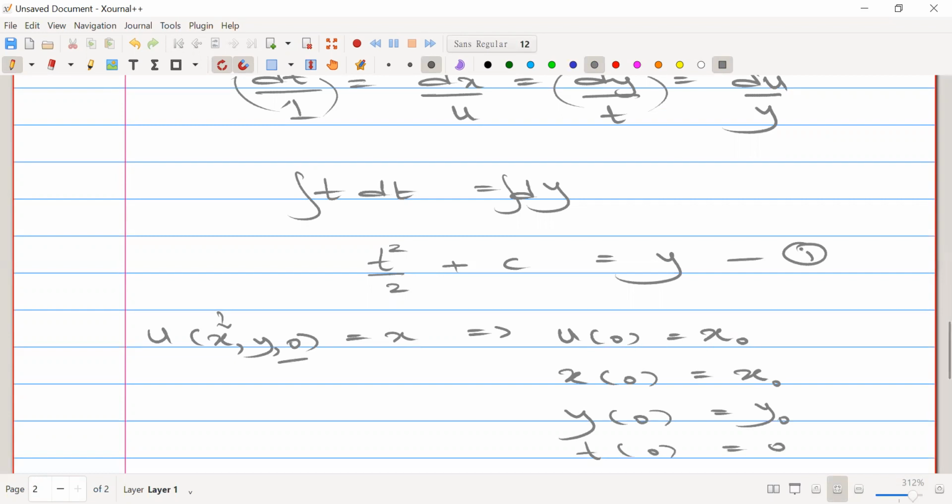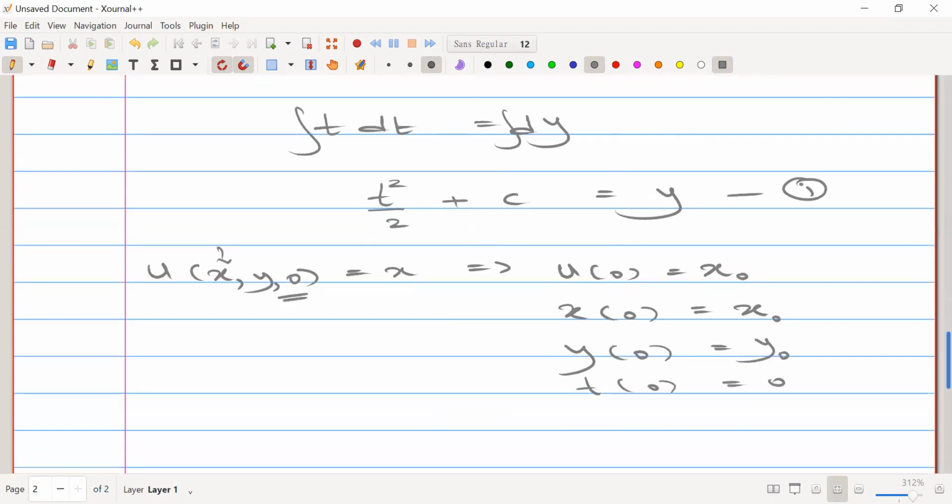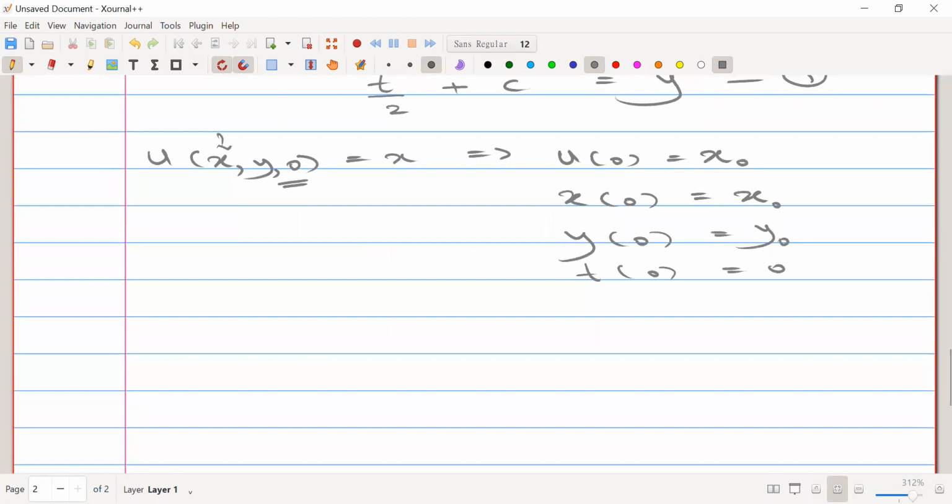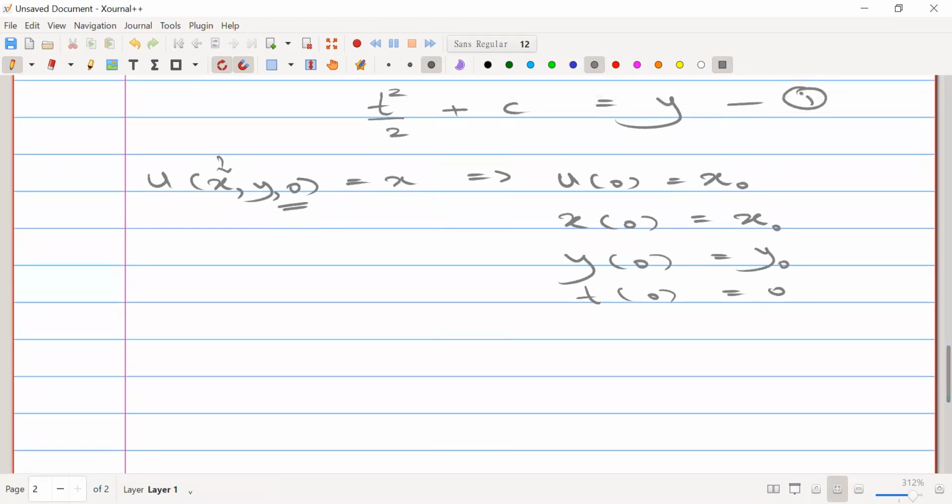Here this 0 represents the initial condition for t. Now if we plug these initial conditions into equation number 1, we get 0 plus c equals y naught. So c equals y naught, which means t squared over 2 plus y naught equals y.